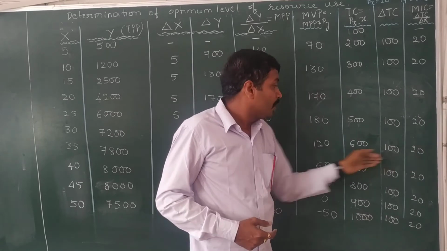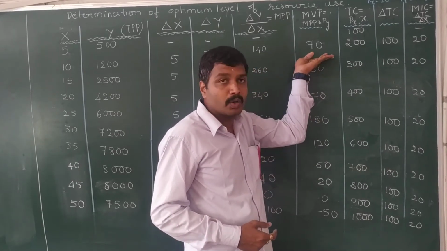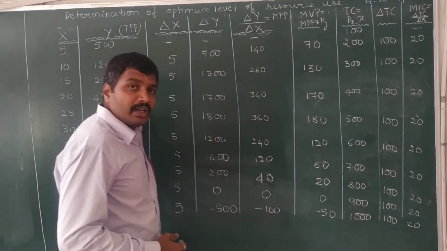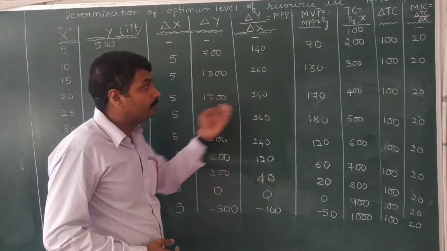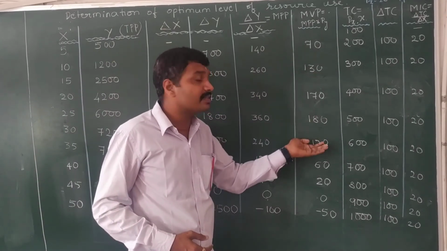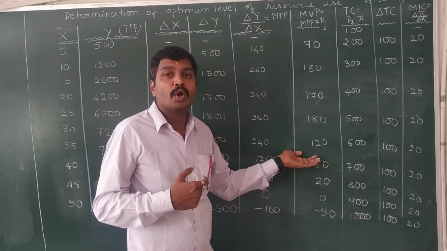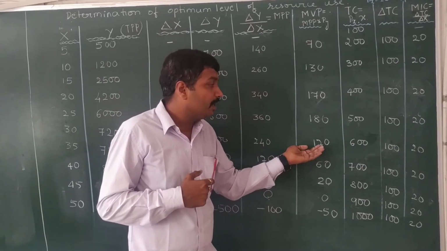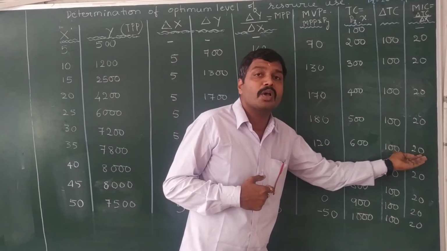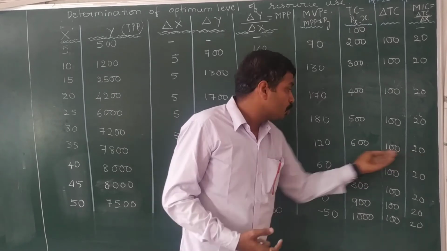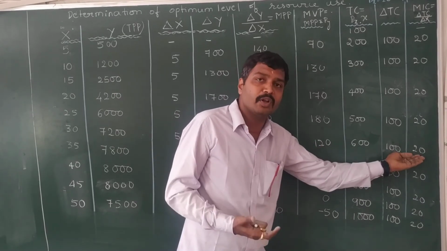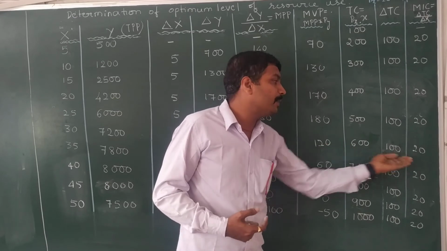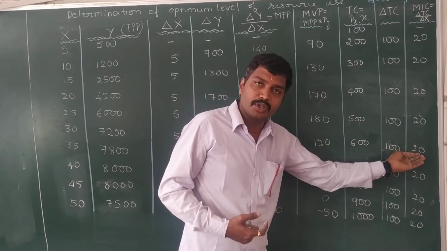That means in all these cases, the additional revenue he is going to get is more than the additional cost he has to bear. So it is feasible on his part to continue application of this level of input.